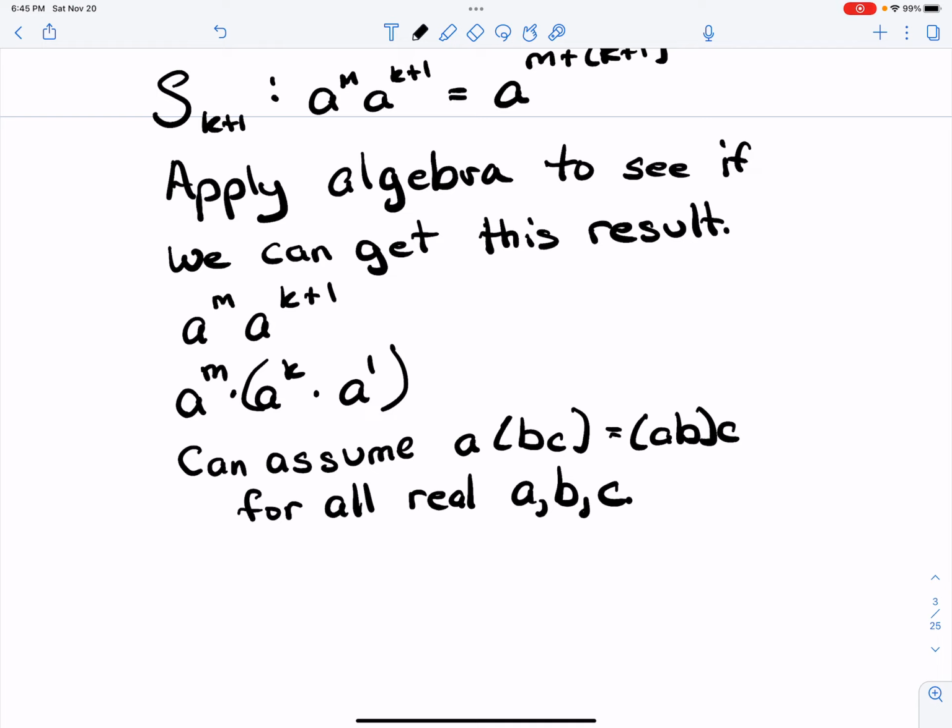It's nothing saying we can't. We've already got the associative property to work with. That's not what we're trying to prove here, really. So we can assume that. So then we can say, what if we rework this? A to the m times a to the k. Group those together times a to the first.